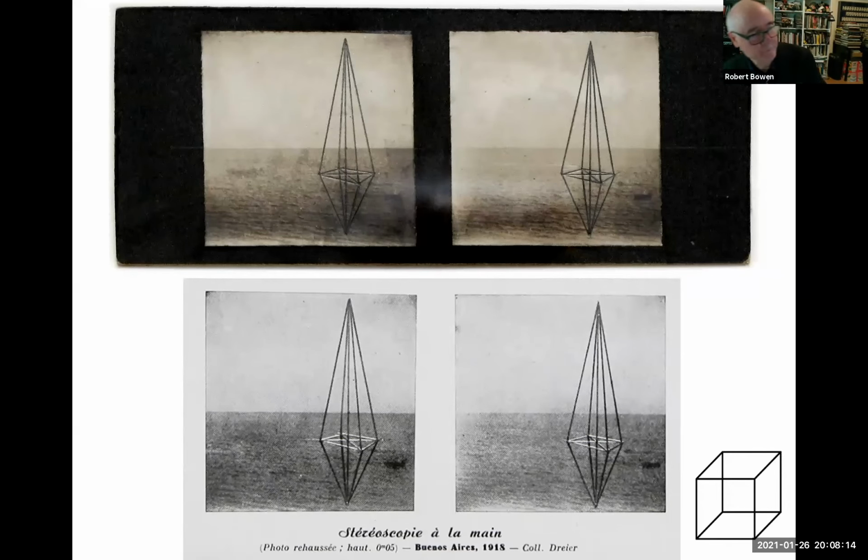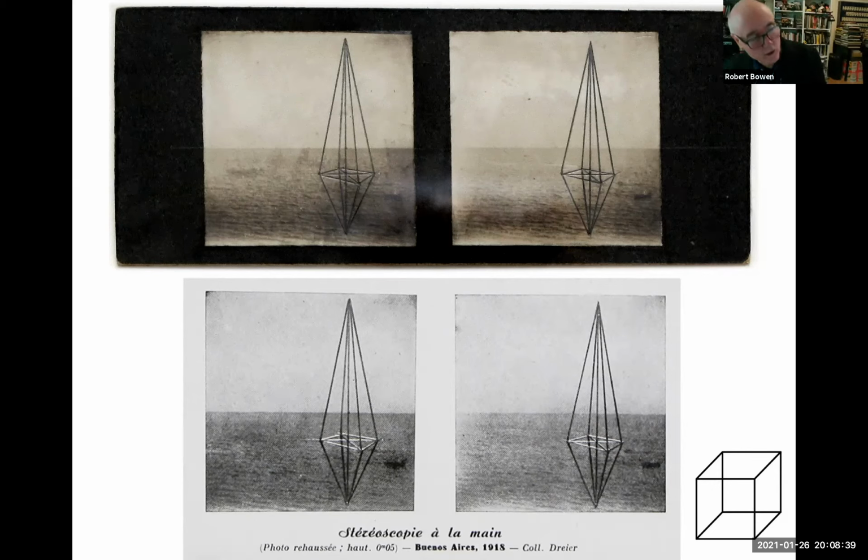The other thing, this is one of the prototypes of the Large Glass. In a sense, the geometrical form is the nude, the four-dimensional nude in the top part of the Large Glass.